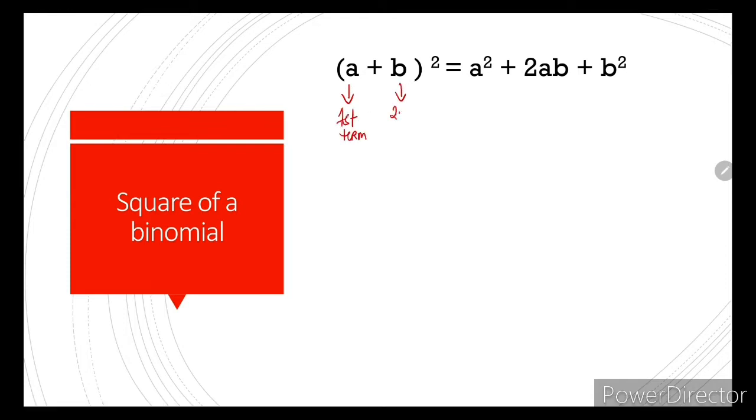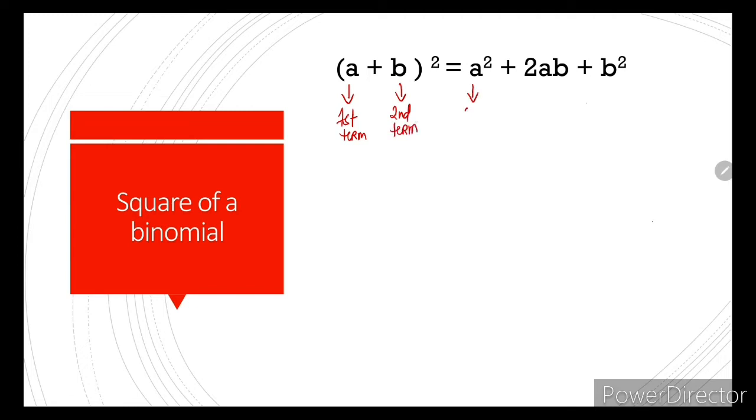So let us first discuss the square of a binomial. We have quantity a plus b squared is equal to a squared plus 2ab plus b squared. Remember, a is your first term, b is your second term.